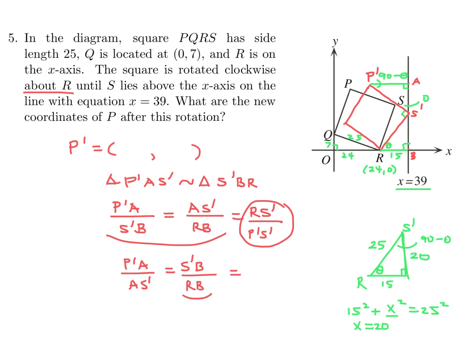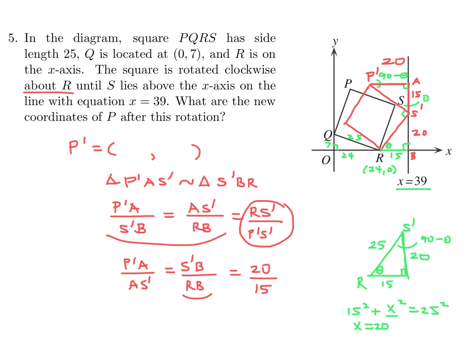We know S prime B, we just figured out that was 20, and RB is 15. So the ratio is 20 to 15, and that makes sense. So this side is 20 and this side is 15.